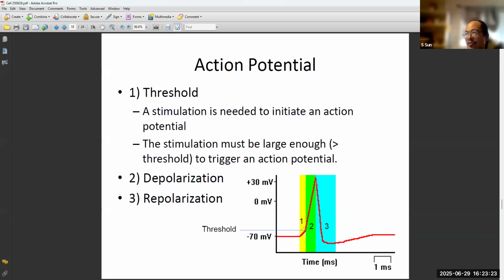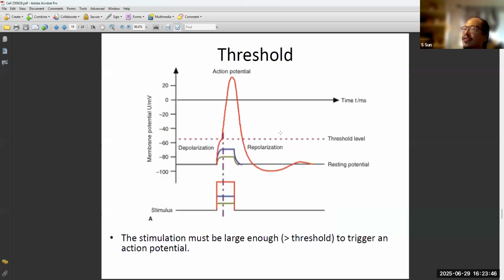Once it's above the threshold, you trigger a depolarization for a very short period of time, about 1 millisecond, followed by a very quick return back to baseline, the repolarization.